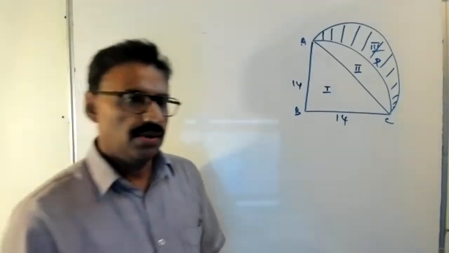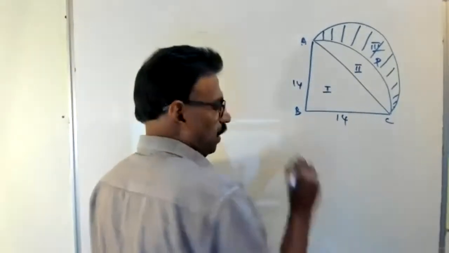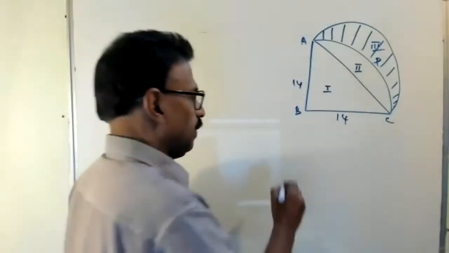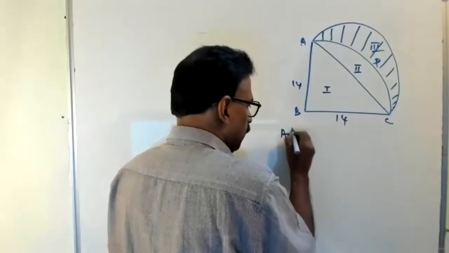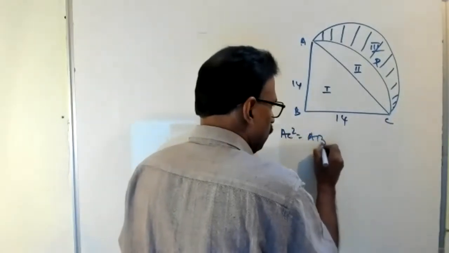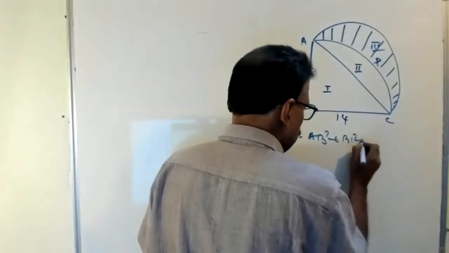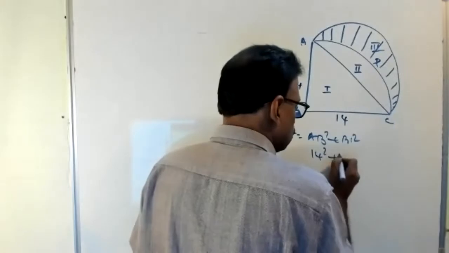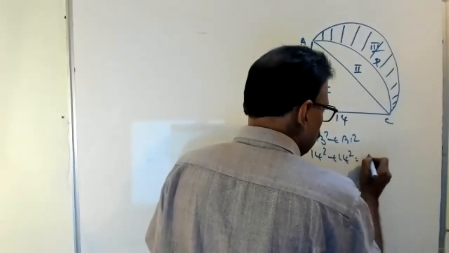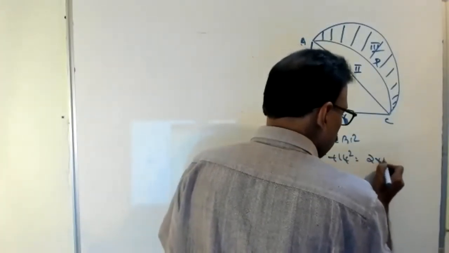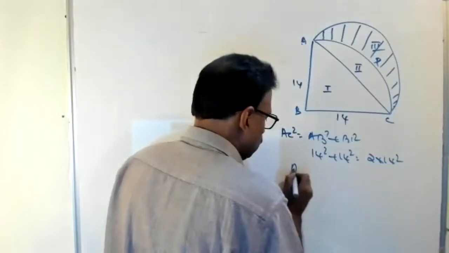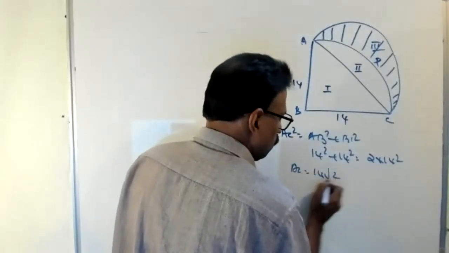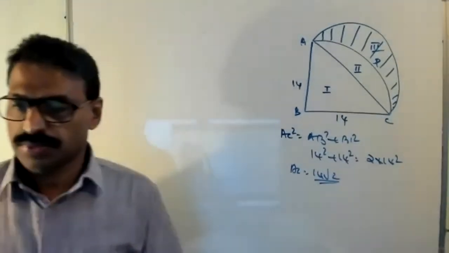AC square equals AB square plus BC square. So 14 square plus 14 square, 2 into 14 square. So AC equals 14 root 2.